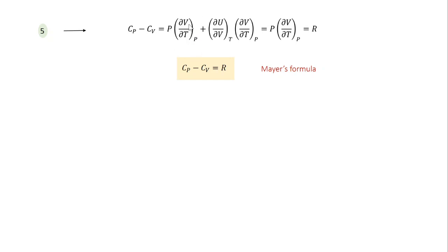And the term P into ∂V/∂T at constant pressure is nothing but the universal gas constant R. So you get a very simple relation connecting specific heat at constant pressure and specific heat at constant volume, Cp minus Cv equal to R, and this is known as Mayer's formula.